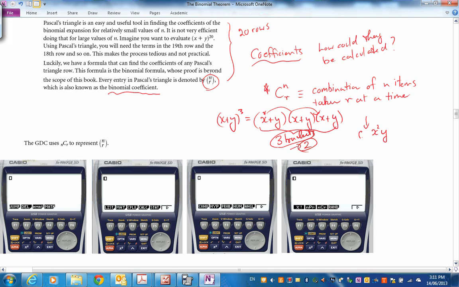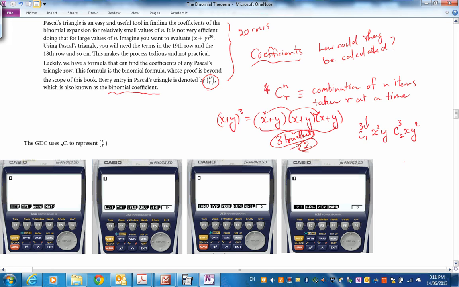So that is the combination of 3 brackets taken. How many times can we pull out a y? Well, C(3,1). And the other 2 brackets would be the x. We can put it like that. And then the next term, xy squared, would be the number of ways from 3 brackets we can choose 2 y's.